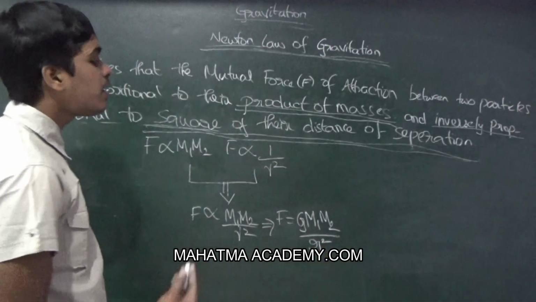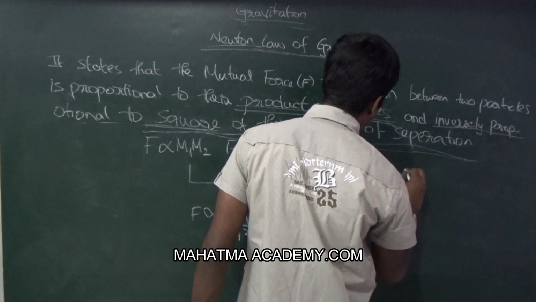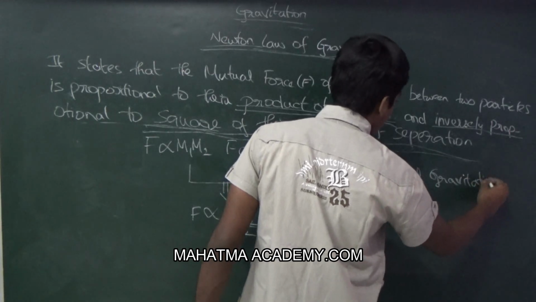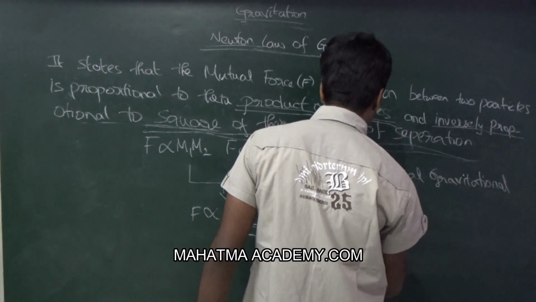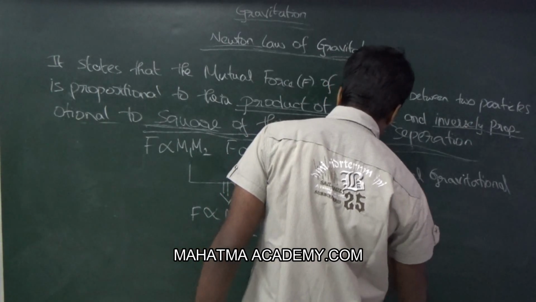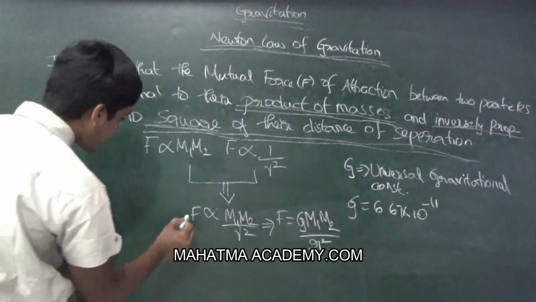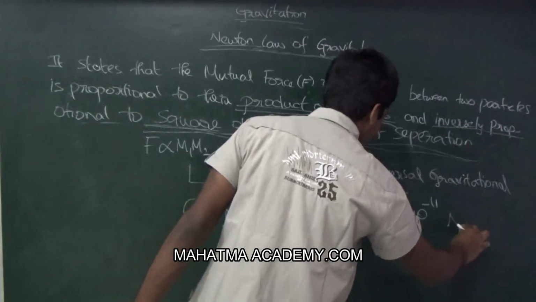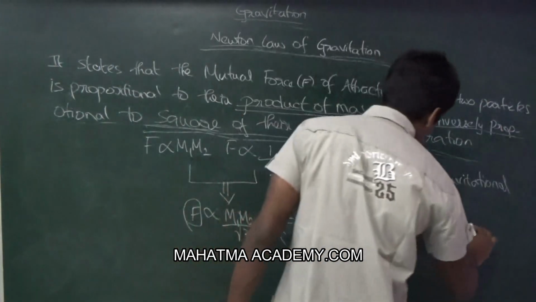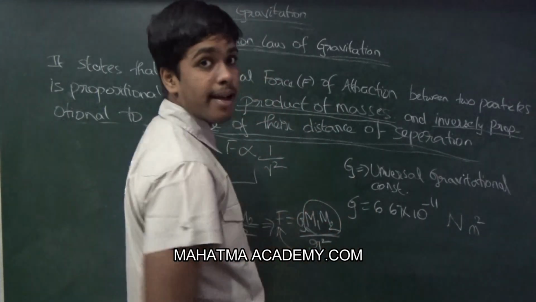Now we will write the value of G. G is the universal gravitational constant, and the value of G is 6.67 into 10 to the power of minus 11, and the units are Newton meter square, and kg whole square, divided downwards.